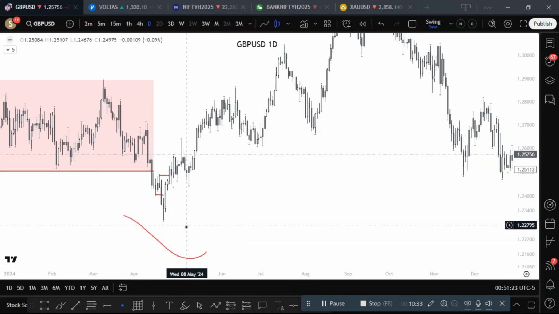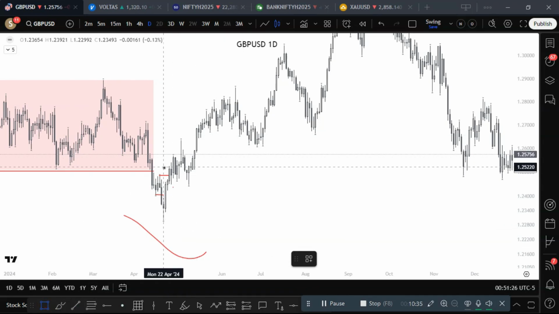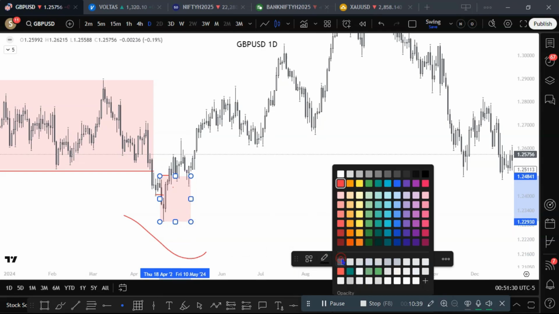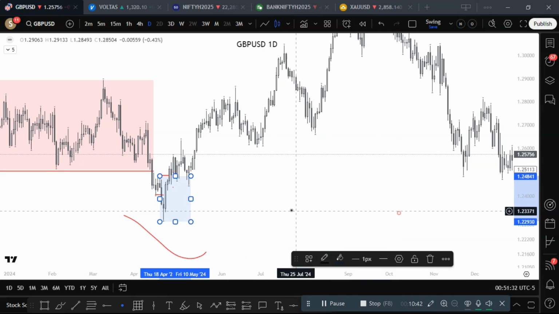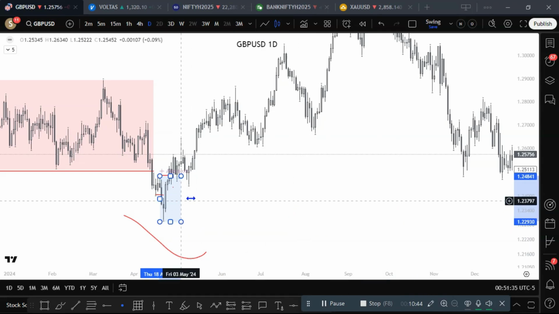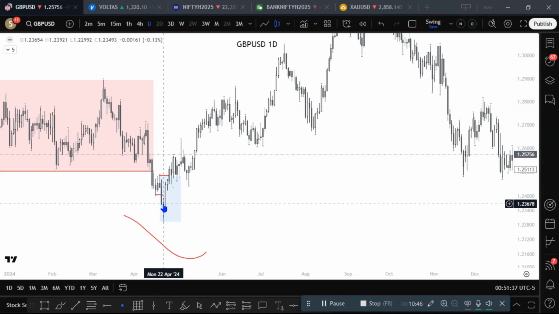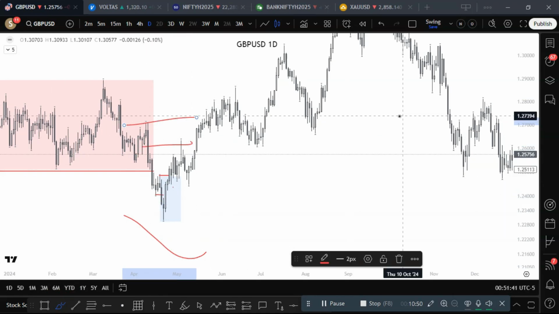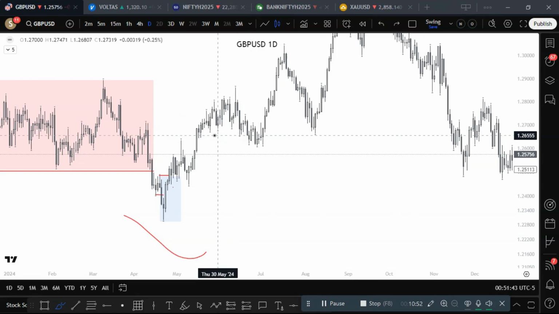So now it broke upside. So we have S2B, our sell to buy range, right? Let me change the color. All right, then price goes to the upside, mitigates our sell to buy range orders, and then takes a retracement.